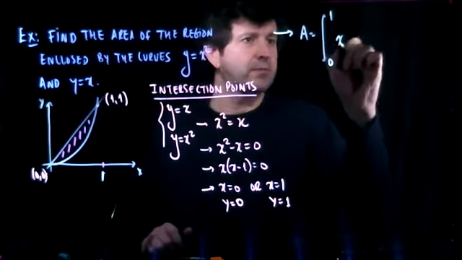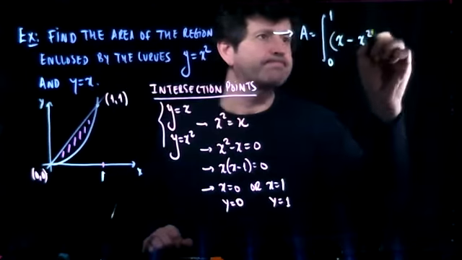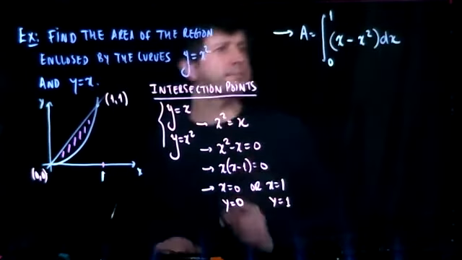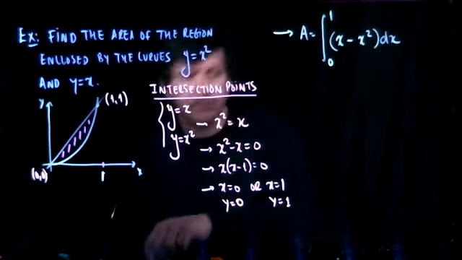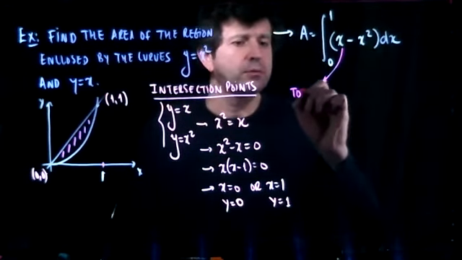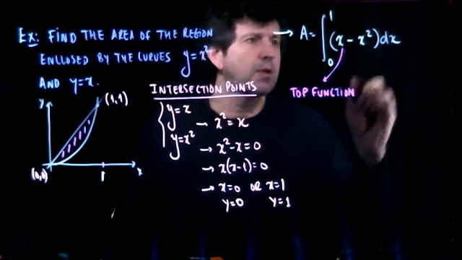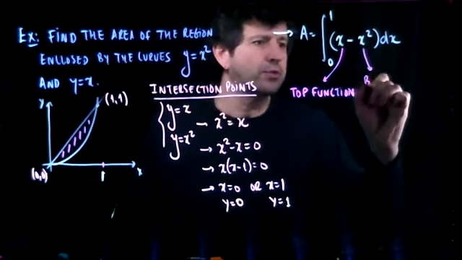It's x, minus the bottom function, which is x squared, dx. Okay, I'm going to write this here. This is the top function, and this is the bottom function.